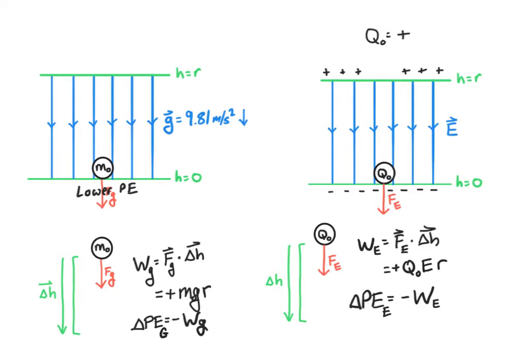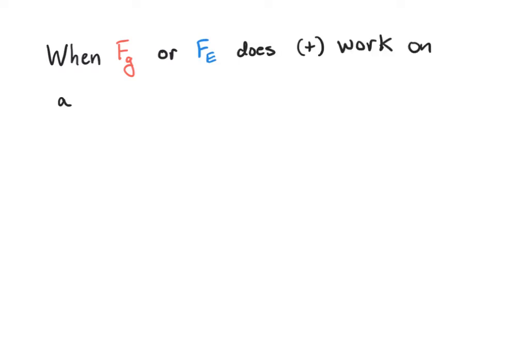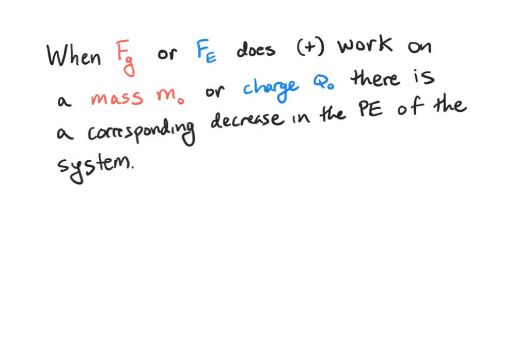This brings us to an important rule. When a gravitational force or an electrical force does positive work on a mass m0 or charge q0, there is a corresponding decrease in the potential energy of the system. This is really just another way of stating that the total energy of a closed system is conserved.